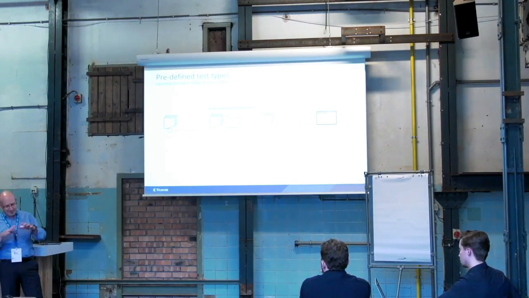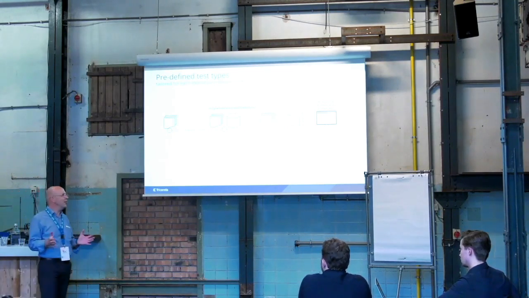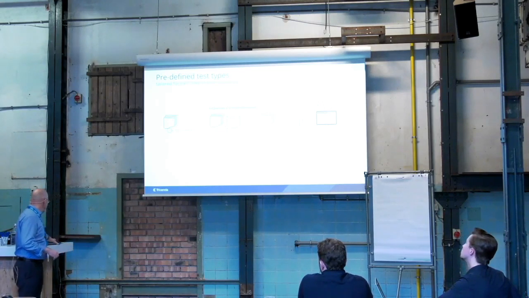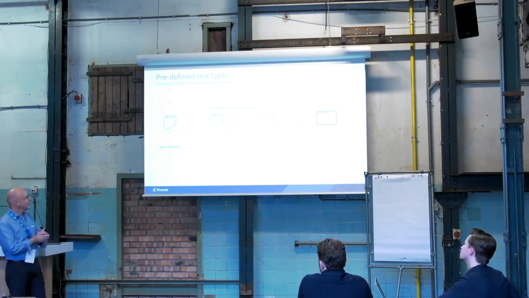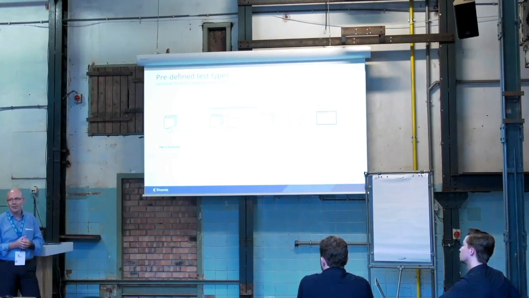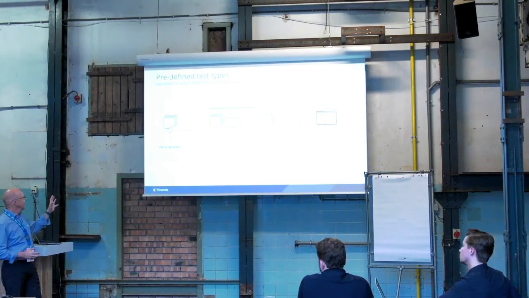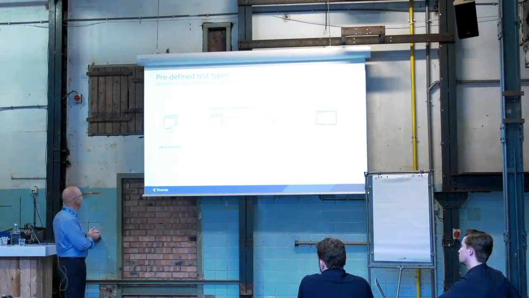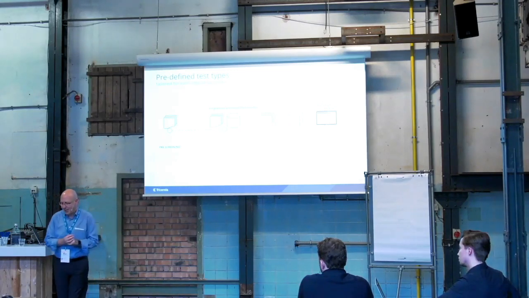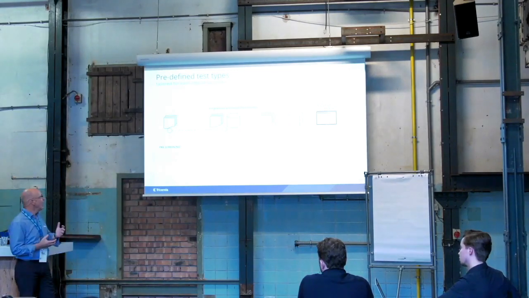From an abstract or logical point of view, it's predefined test types. And those predefined test types can be categorized, let's put it this way, into 4 groups. The first group is related to verifying flat files, CSV files, JSON files, XML files, both from a structural and from a content point of view.